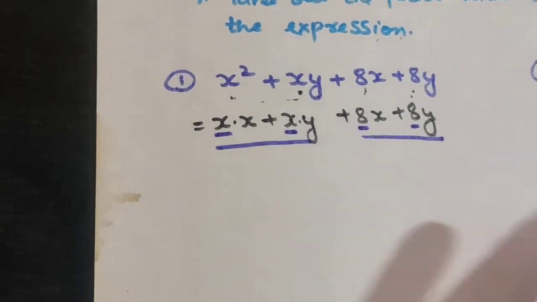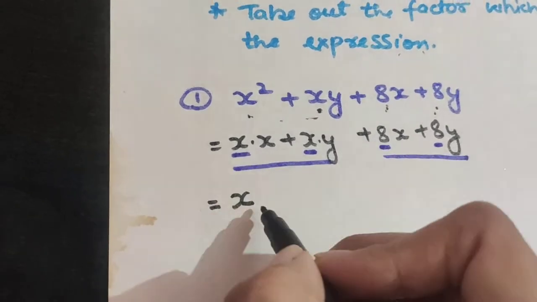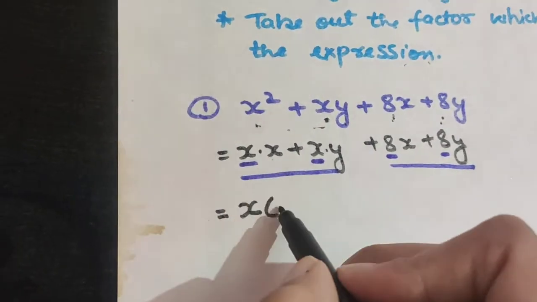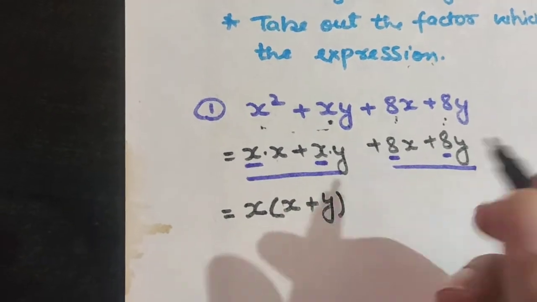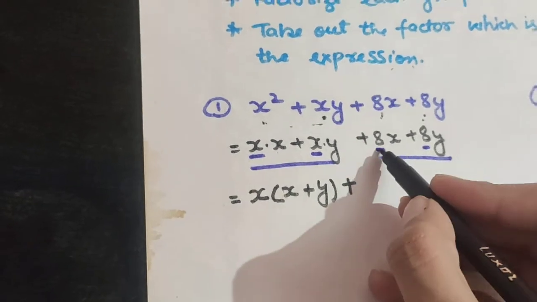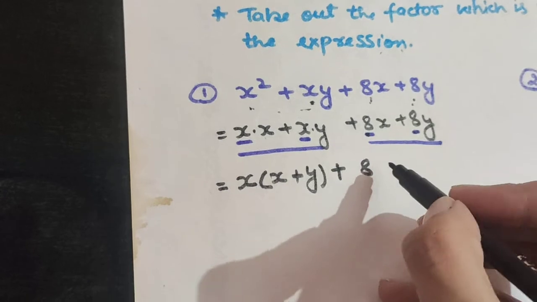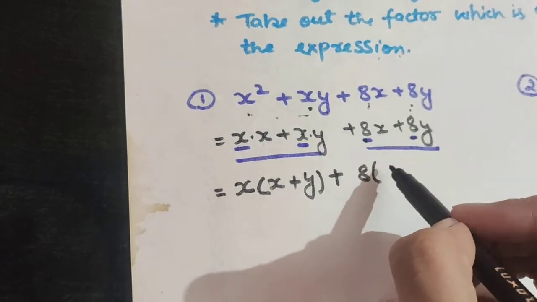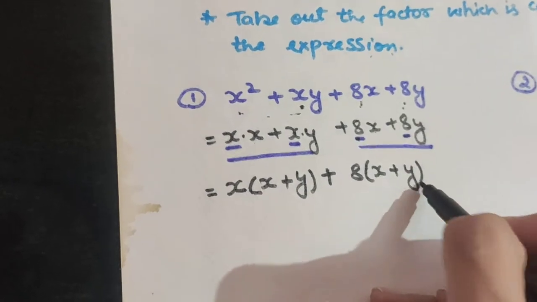So take out x common in the first group. When we take out x common, what is left here is x and what is left here is y. Now look at the second group. In the second group, the common number is 8, so take out 8 as common. Now what is left is x plus y, right?